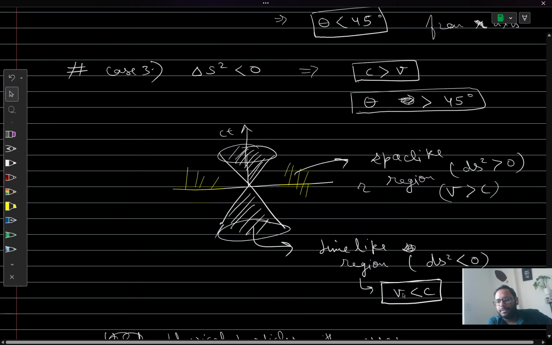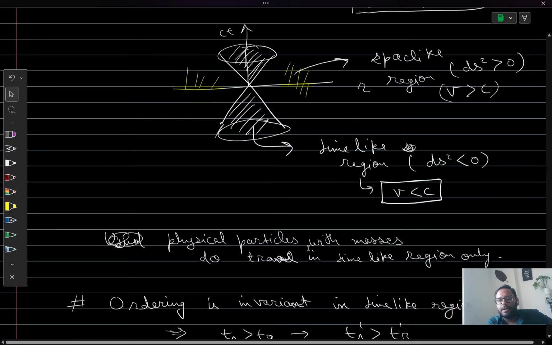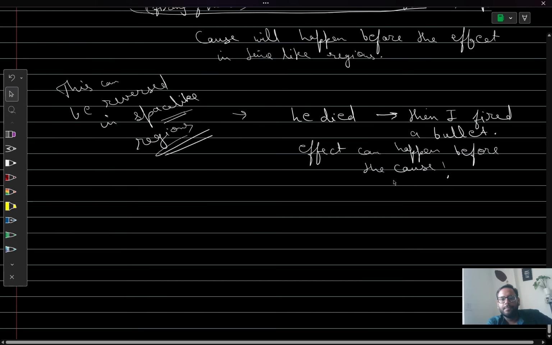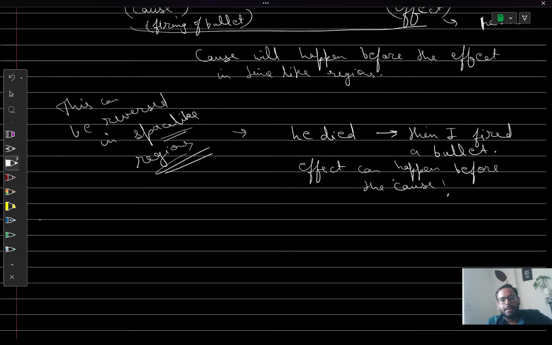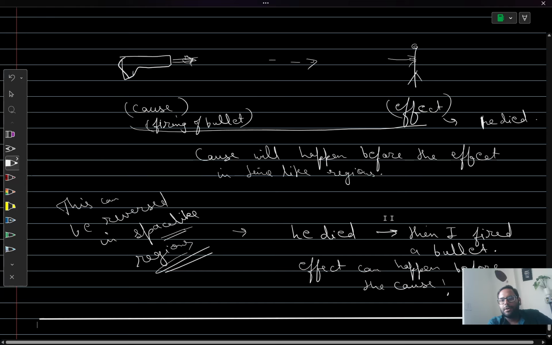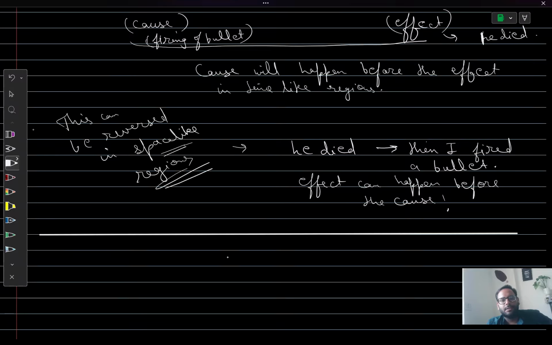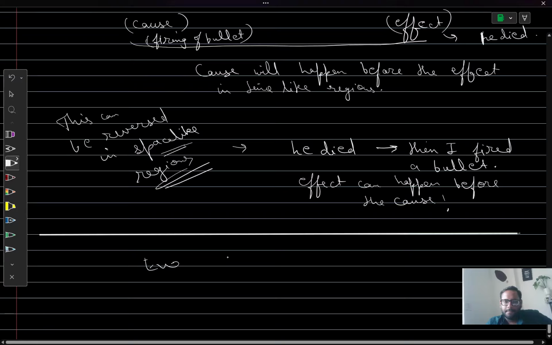But if a particle is traveling greater than the speed of light, it will be covering a space-like region, and the causality rule can be broken. Some examples are tachyons, which are hypothetical particles. There are many hypothetical particles not found yet. So let's end it here.